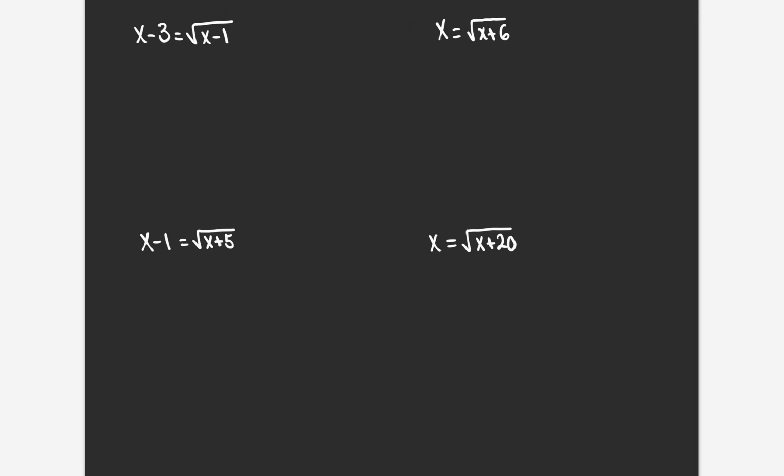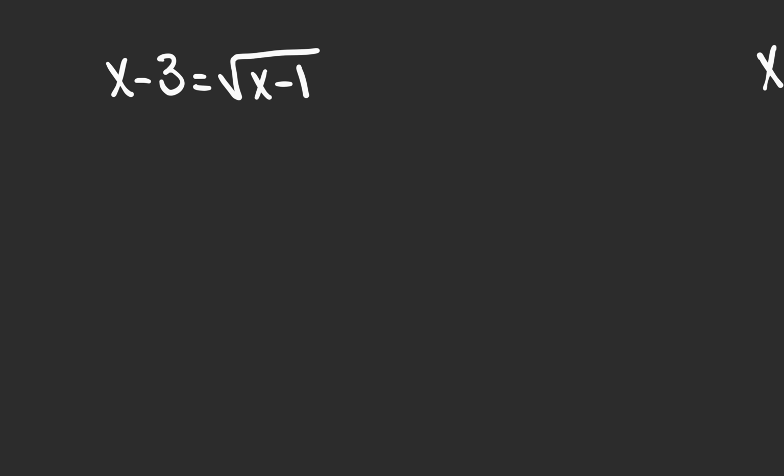Okay, for the next question type, we have x minus 3 is equal to the square root of x minus 1. My first step is to square both sides. On the left-hand side, this will expand to x squared minus 6x plus 9 is equal to x minus 1.